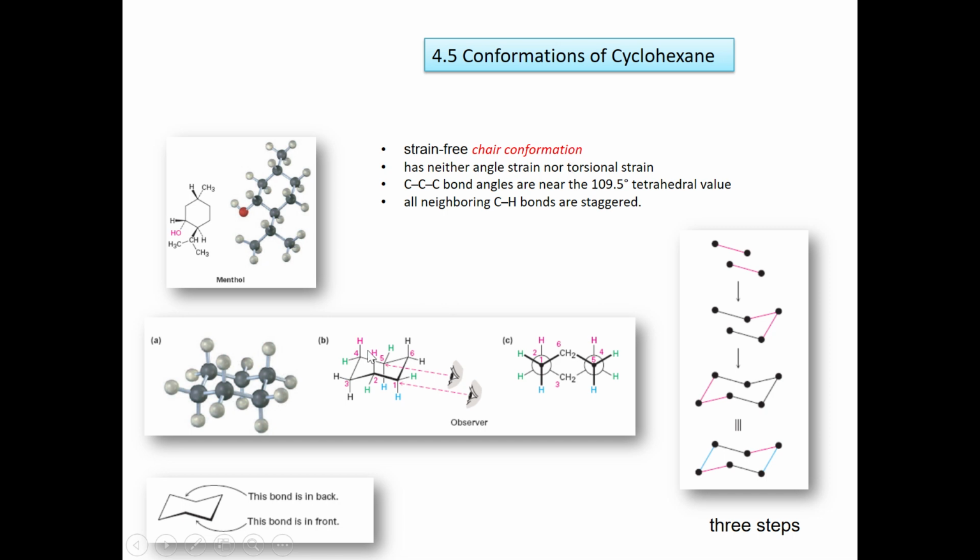Why? Because when it puckers, the angles are more or less 109. And importantly, if we do the Newman projection of the substituents, all the substituents are in a perfectly staggered situation. They are not eclipsed, they are staggered. That means zero angle strain and zero torsional strain.